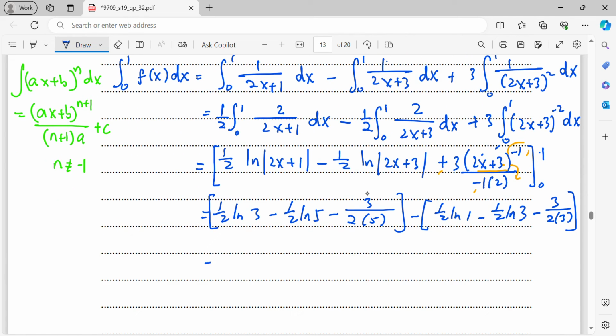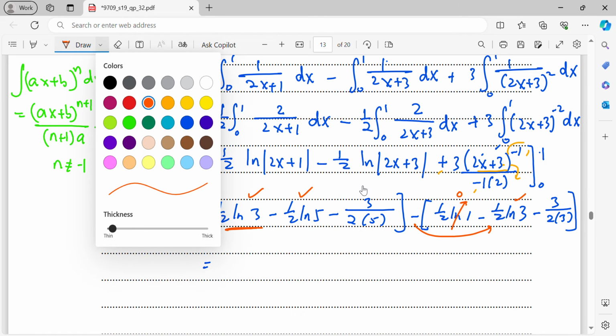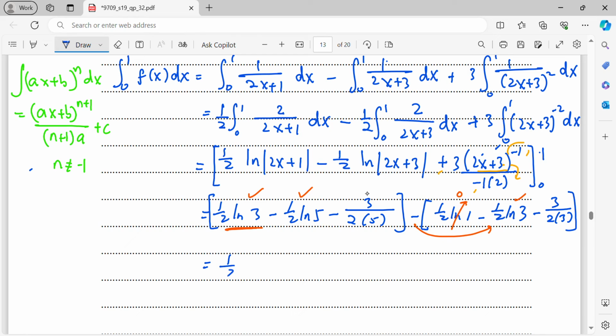Okay, so from here, probably I can just simplify all the ln first. Ln 1 is 0. So here I can group all this. Now look at here, half ln 3, when you multiply in, it is plus half ln 3. So it means that I'm getting half ln 3 minus half ln 5, then plus half ln 3.